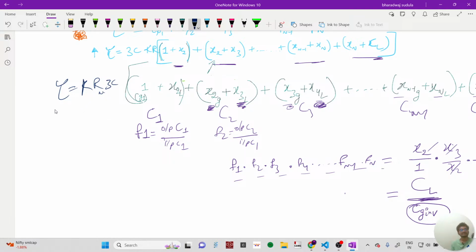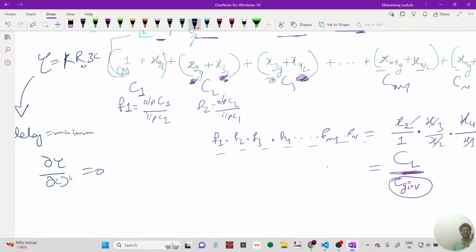So delay has to be very minimal. It has to be minimal. So I'll differentiate tau with respect to some variable so that it will be 0. Like that, the differentiated equation is 0, such that we can get some valuable insights.